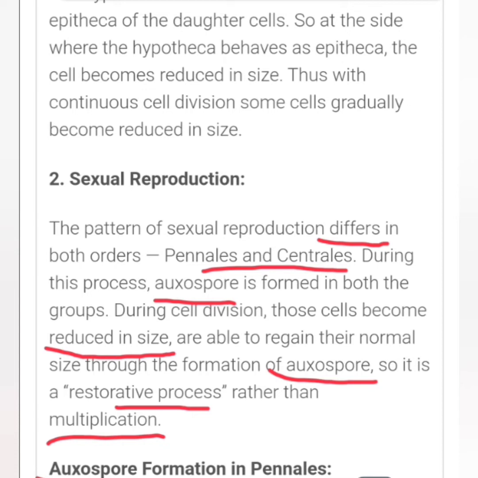During sexual reproduction, these cells which become reduced in size are able to regain their normal size through the formation of these auxospores. So it is also known as a restorative process rather than a multiplication. Now we will discuss auxospore formation in both the pennales and the centrales.